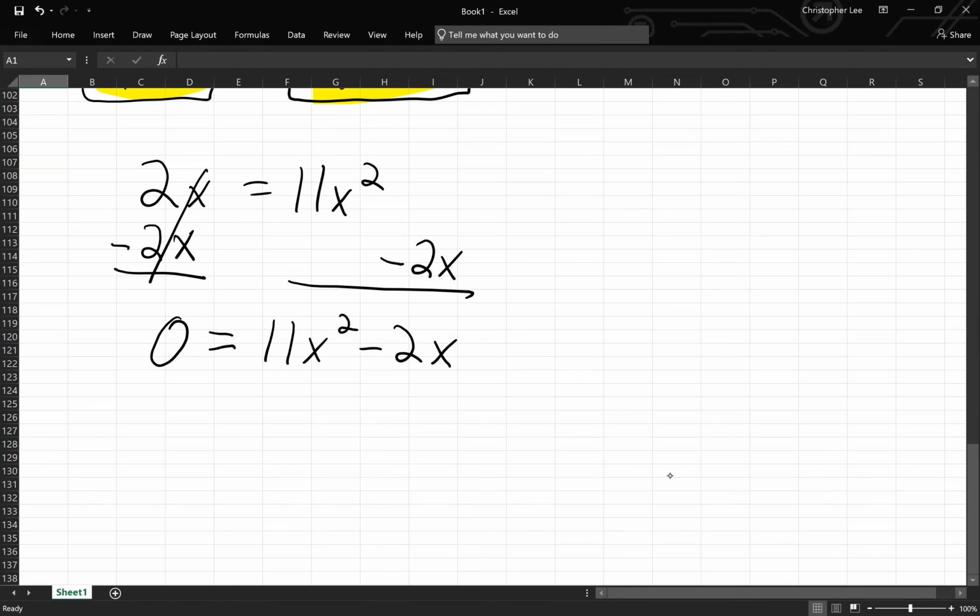And then same game. First thing I want to look for, is there a greatest common factor? In this case, there is. What's the greatest common factor here? x. So if I factor out an x, what's left over?